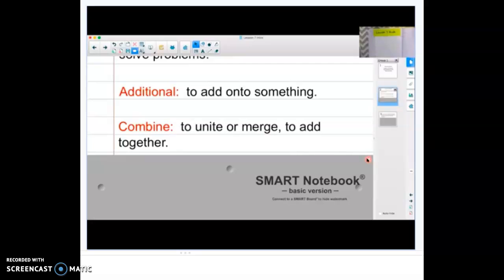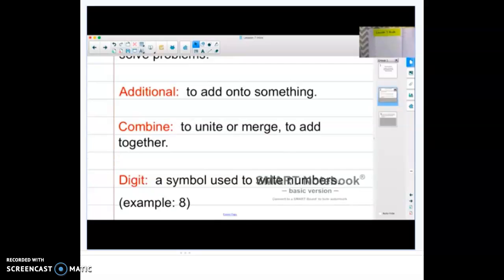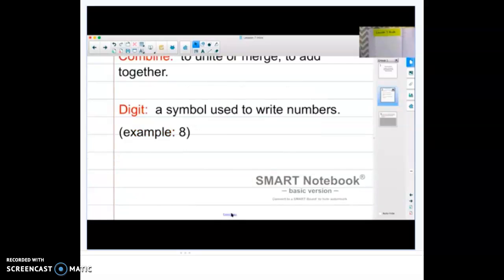Our fourth term is digit. And a digit is a symbol used to write numbers. We talked about digits the first week of school, and the digits are, we have 10 digits. They go from 0 to 9. Those 10 digits create all of our other numbers.